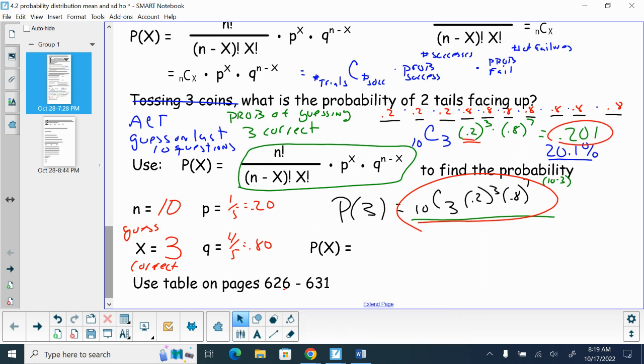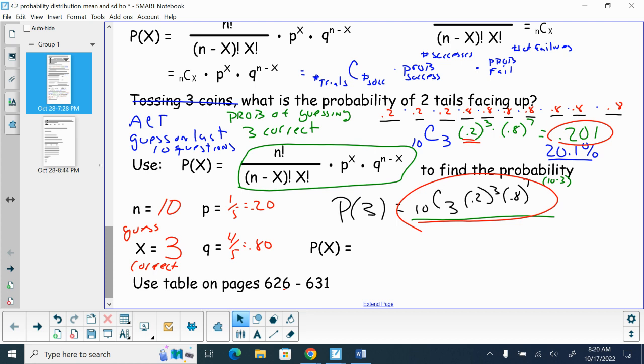Now, you want to use this table when you have multiple values that you have to calculate. I will set up the problem. If you have to calculate multiple values, you can pull these values from the table. If you have to calculate one single value, I will give you probabilities that aren't multiples of 5.